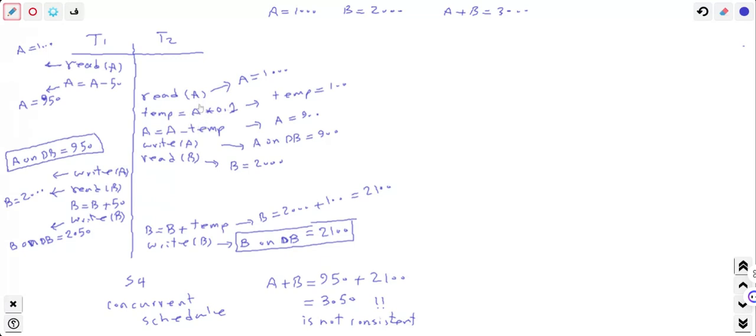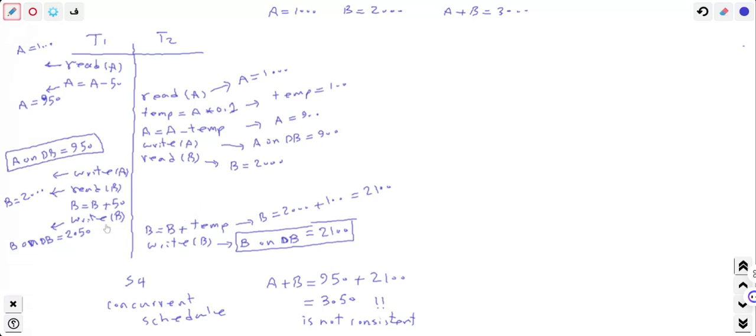A and B in T2 are local variables, and A and B in T1 are also local variables, and T1 does not know anything about T2, and T2 does not know anything about T1.